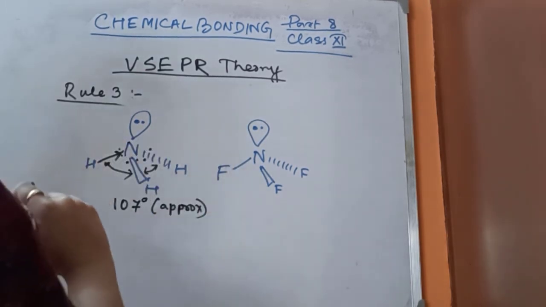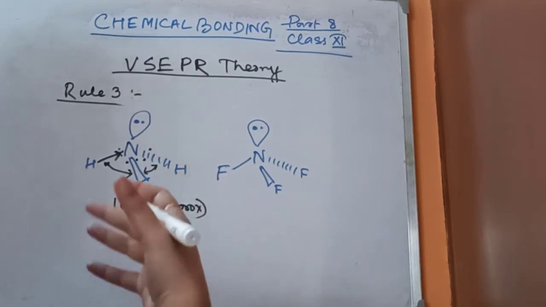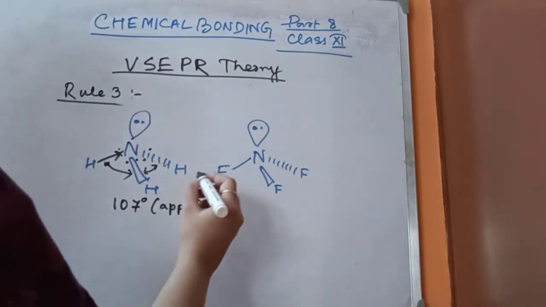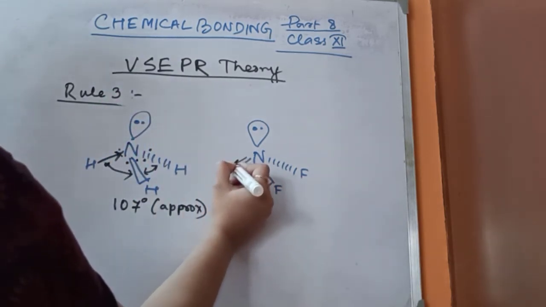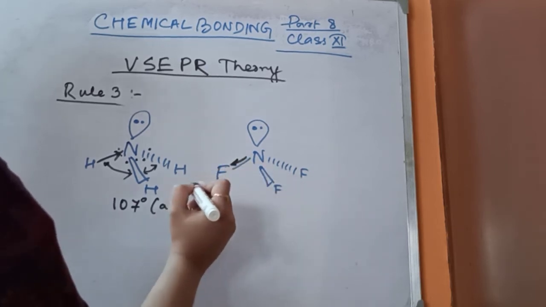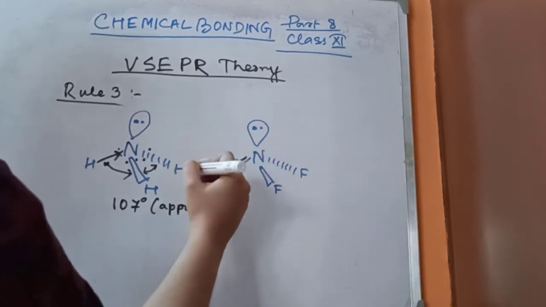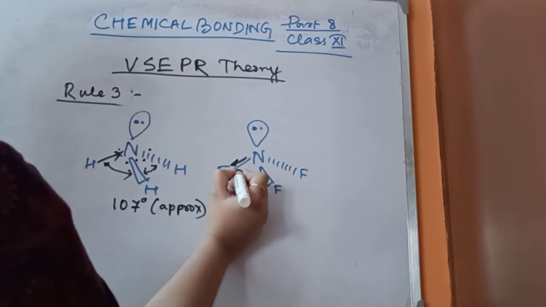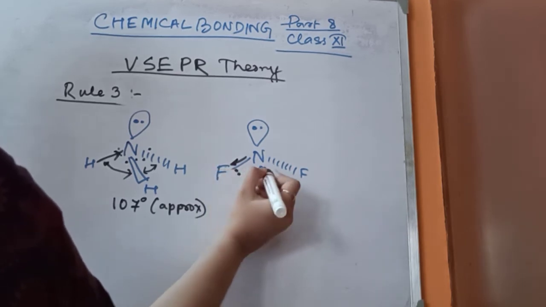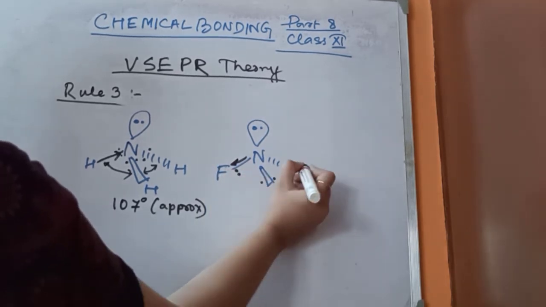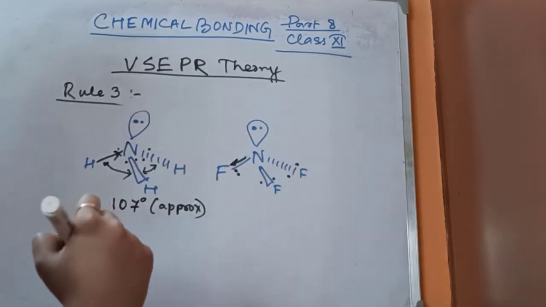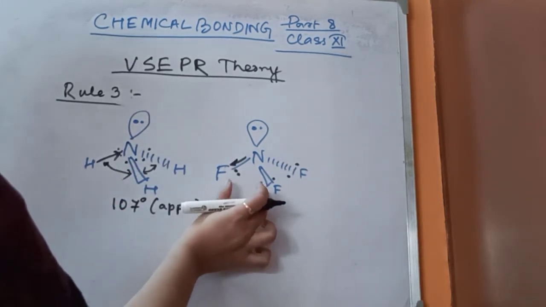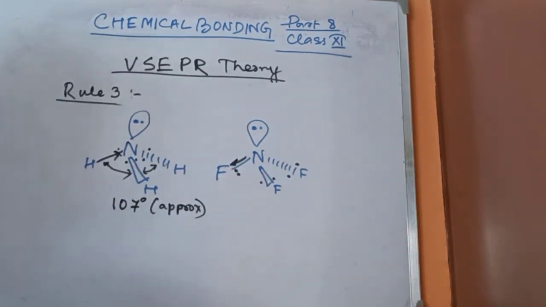But for NF3, fluorine is much more electronegative than nitrogen. So fluorine will attract the shared pair of electrons towards itself. So in case of NF bond, the electron pair is shared like this towards the fluorine. So the bond pair repulsion will decrease.